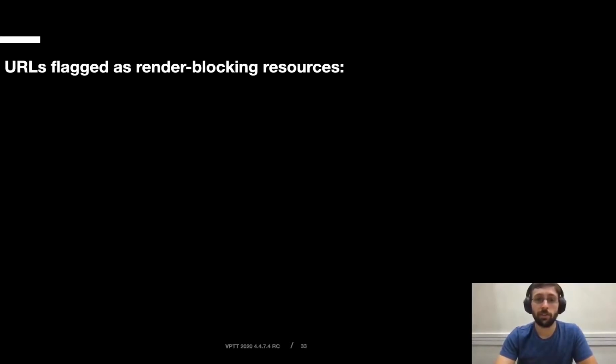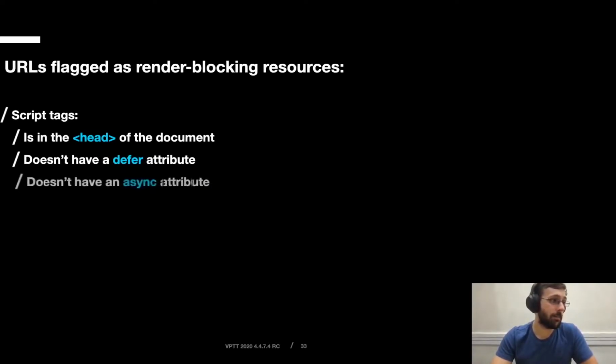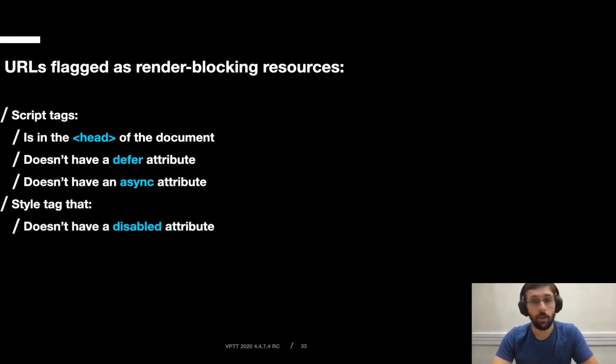So which URLs get flagged as render blocking resources? It can be a script tag that is in the head of the document, for example, a script tag that doesn't have a defer attribute, and a script that doesn't have an async attribute. For style sheets, we have the link tag that doesn't have the disabled attribute.